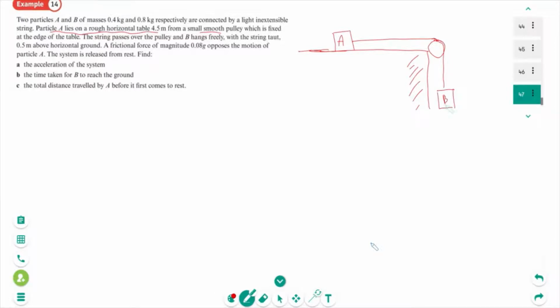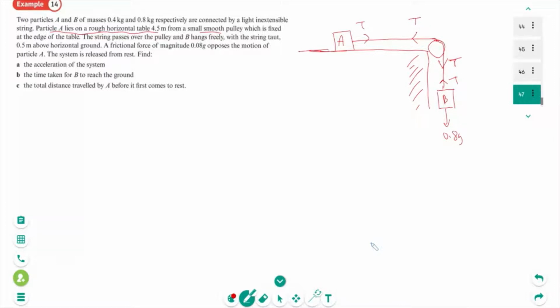So forces: the mass of particle B is 0.8 kilos, so there is a force of 0.8g newtons on particle B. Then it's the usual thing. This is connected to the pulley, so the tension is the same. Smooth pulley, T. Same situation here. Particle A is connected to the pulley, tension on particle A, tension on the pulley, T, T. Tension is the same throughout on a smooth pulley.